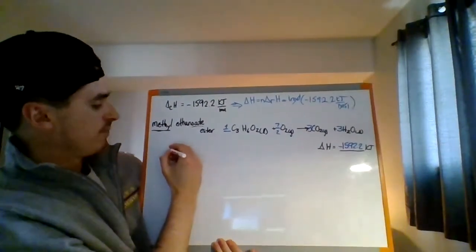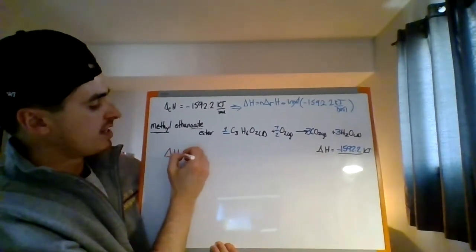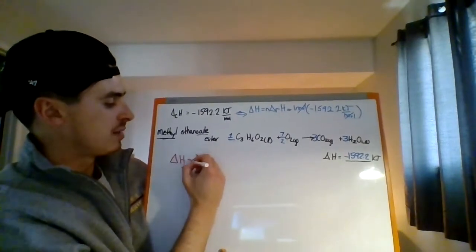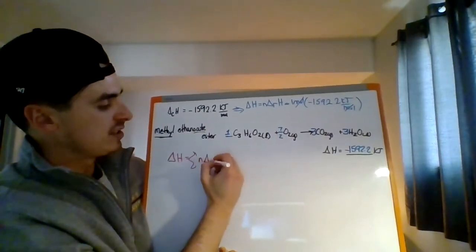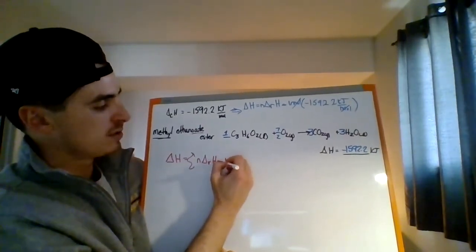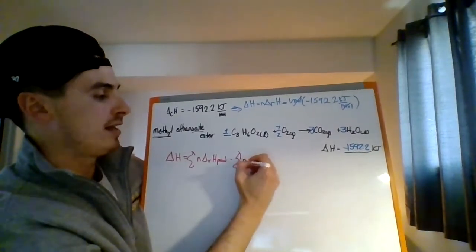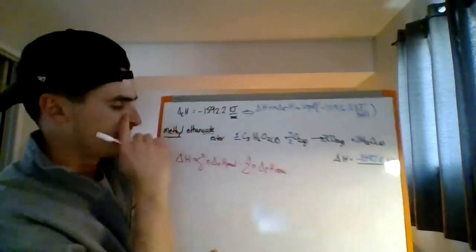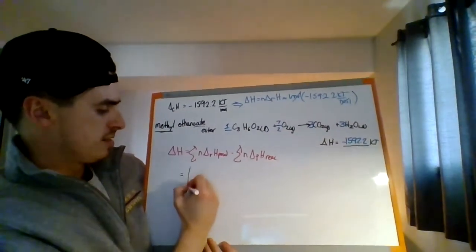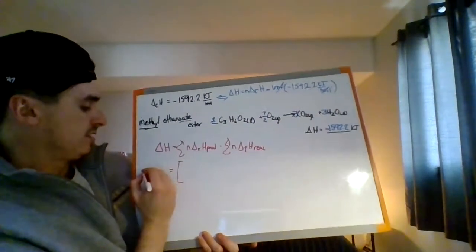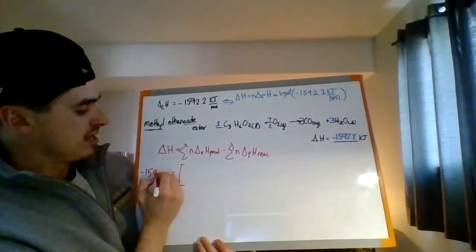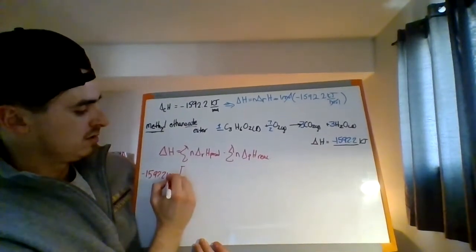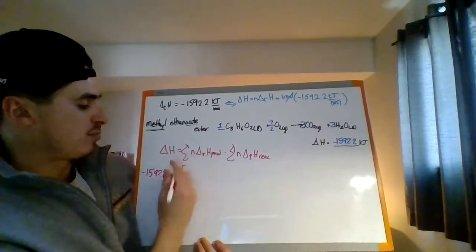And I'm going to say, okay, Hess's law 2.0 says delta H is equal to the sum of n times delta FH of the products minus the sum of n times delta FH of the reactants. So we know delta H, it's negative 1,592.2 kilojoules. Make that more clear.